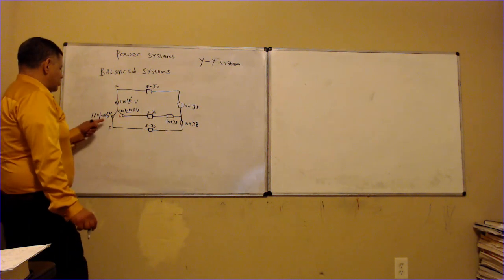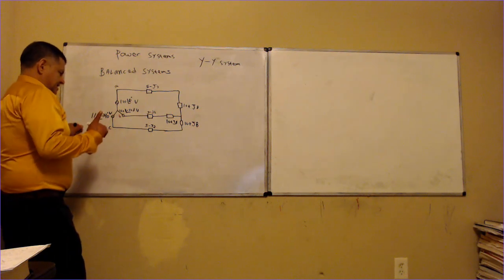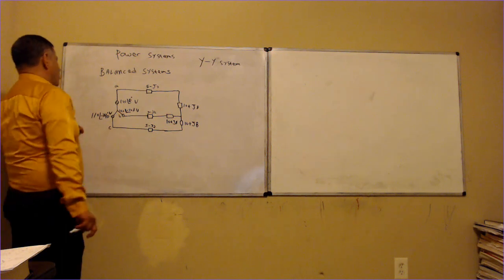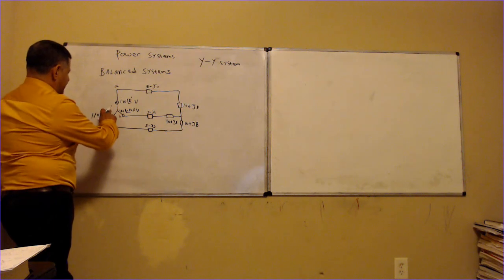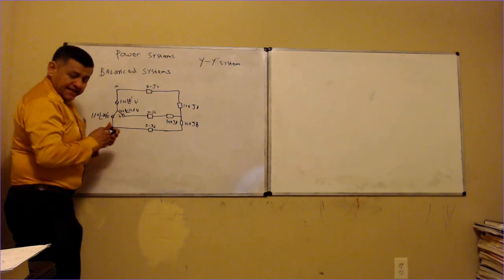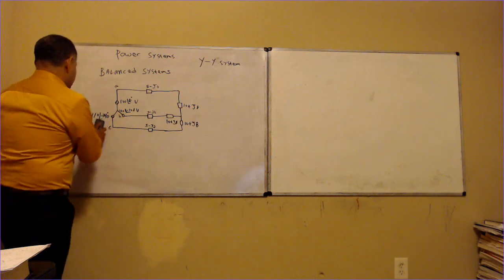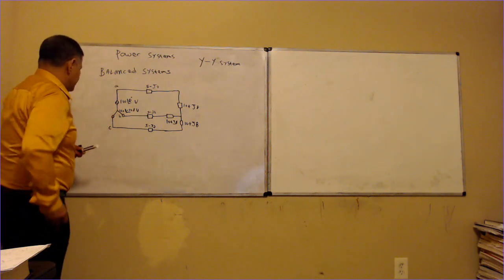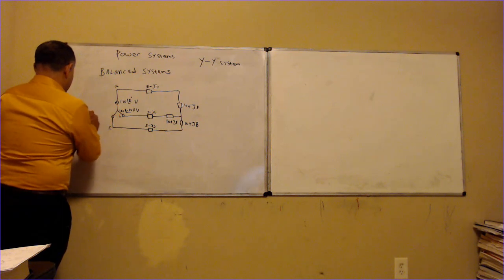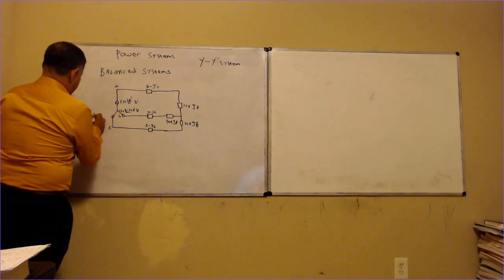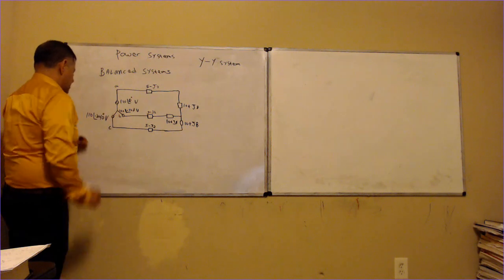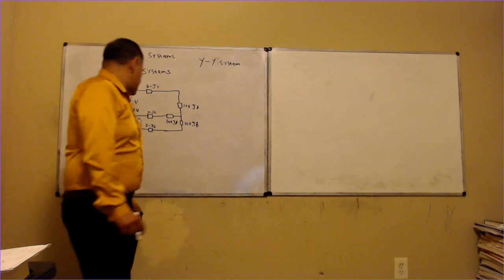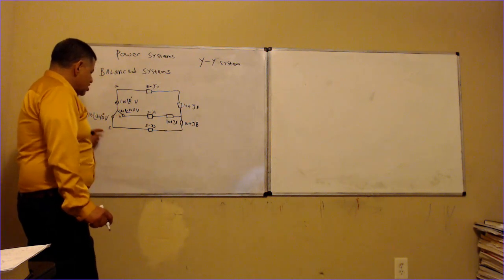The angle might change, because the angles over here are different. But we will figure out why. Also, I need to explain why this is 240, this is 240, because it might be confusing. So 110 angle negative 240 volts, right? I will explain that.